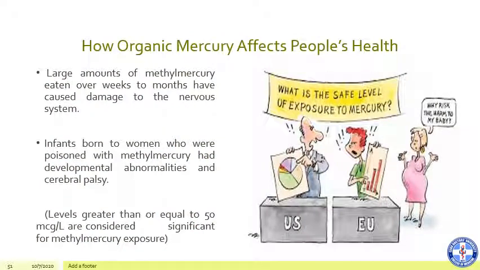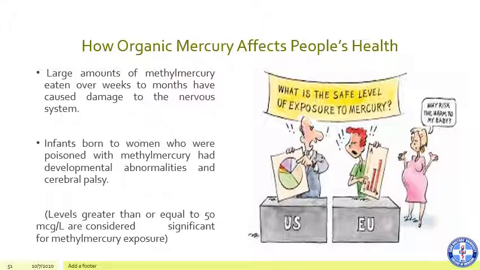How does organic mercury affect people's health? Large amounts of methylmercury eaten over weeks to months have caused damage to the nervous system. So if it is the nervous system, signs and symptoms like tingling sensation, numbness, and tremors may be present. An infant born to women who were poisoned with methylmercury had developmental abnormalities and cerebral palsy.